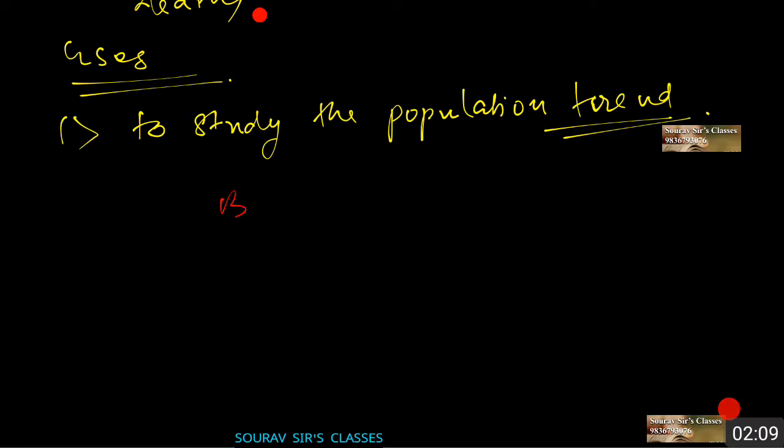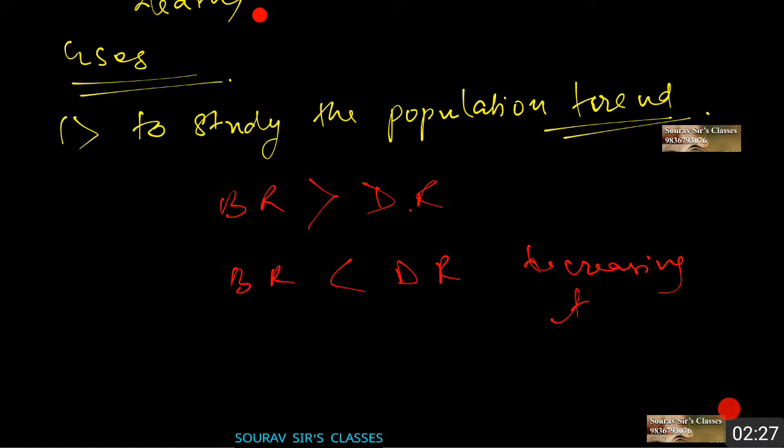If birth rate, let that be BR, is greater than death rate, DR, then there is an increasing trend. Else, if birth rate BR is less than DR, then there is a decreasing trend.